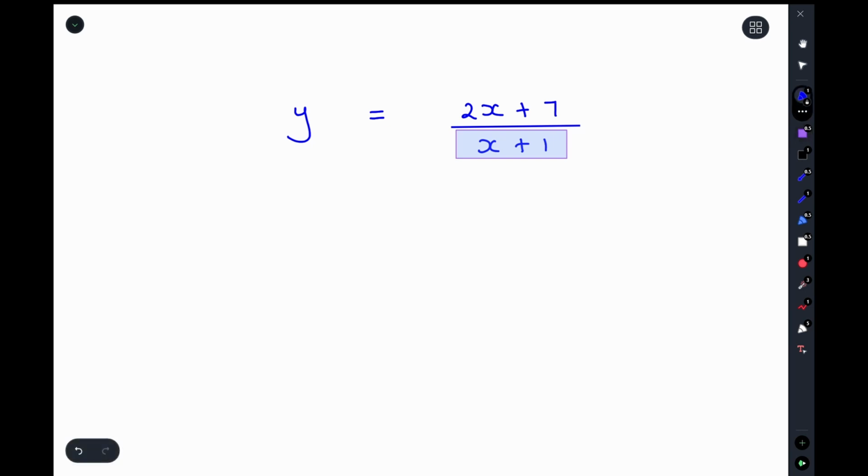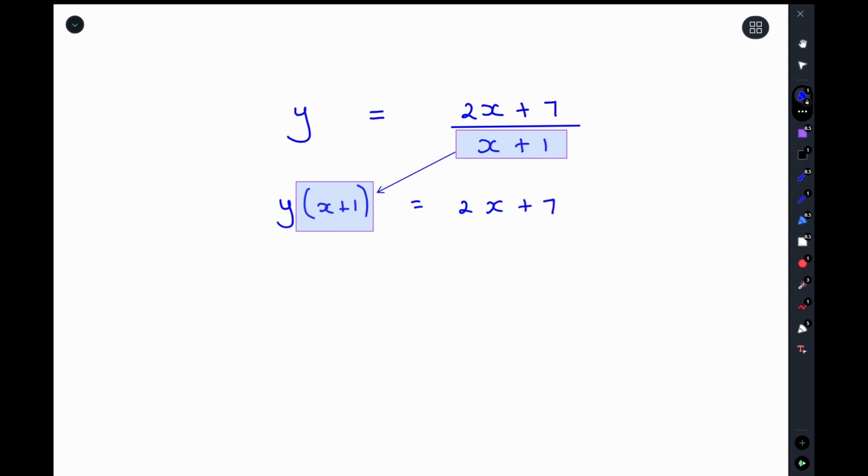When we do that, we will get y multiplied by x plus 1. So divide by x plus 1 becomes multiply by x plus 1. And that is equal to 2x plus 7. So this is our first change. We moved divide by x plus 1 to the other side, became multiply by x plus 1.